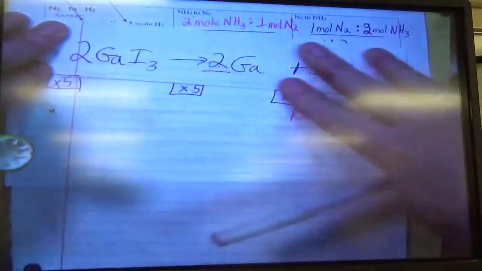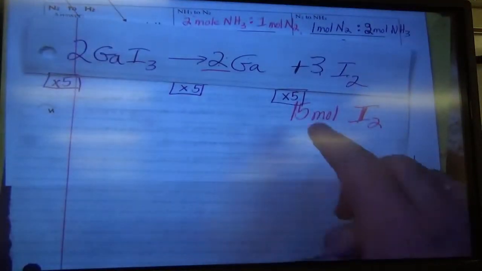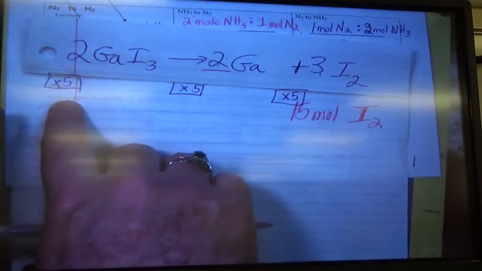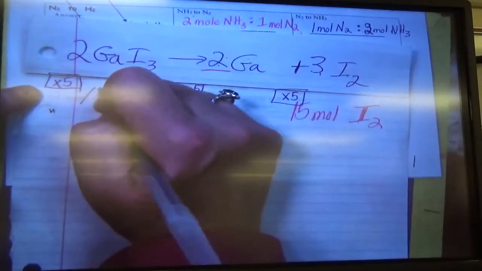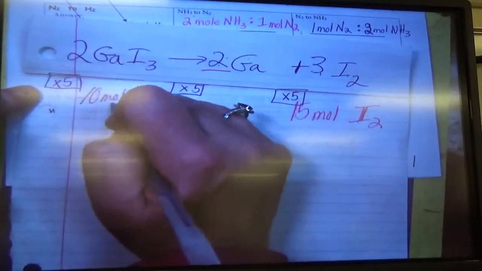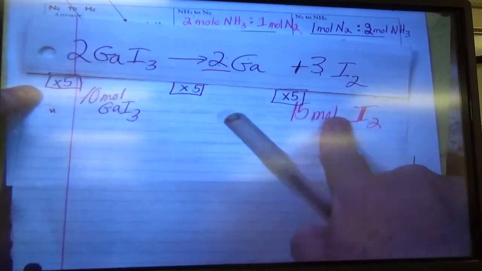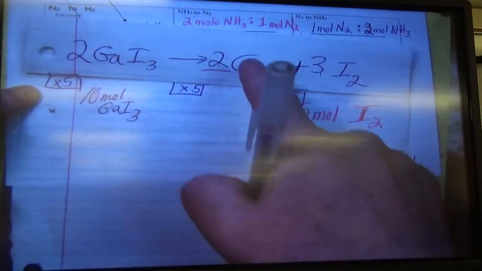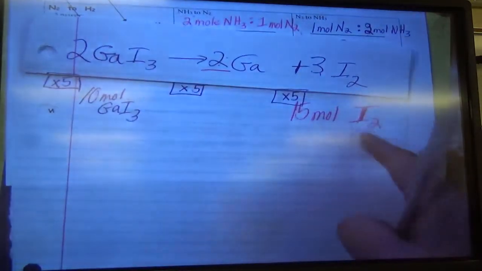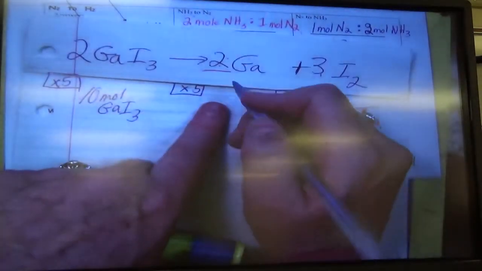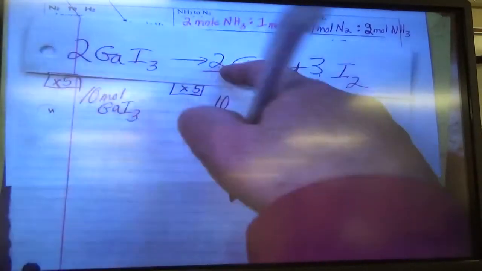So that's going to be 10? Yes, gallium iodide will be 10, you're right. 10 moles of gallium iodide had to be there for us to be able to get 15 moles of iodine. And how much gallium had to be there to get 15 moles of iodine? 10 also, because 2 and 2, didn't that make it easy?